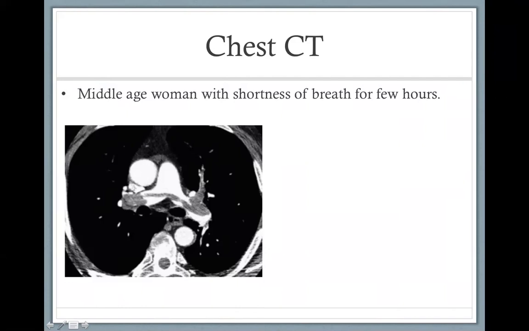Okay, so soft tissue window, agree. So axial image of the chest, soft tissue window. Anything else about the study?